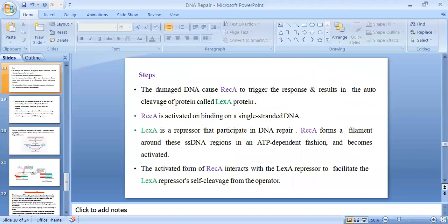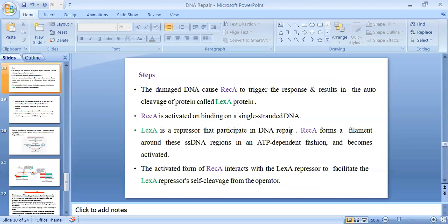Just note down the steps. Then RecA protein is activated on binding to single-stranded DNA. Then LexA repressor, this is a repressor that participates in DNA repair. RecA forms a filament around this single-stranded DNA region in an ATP-dependent fashion and becomes activated.